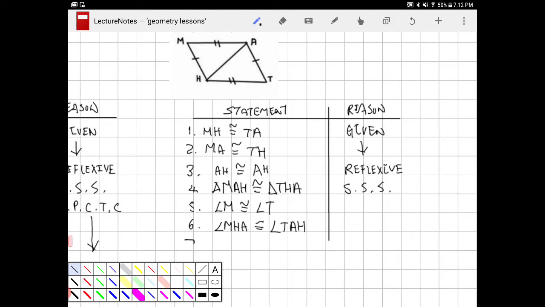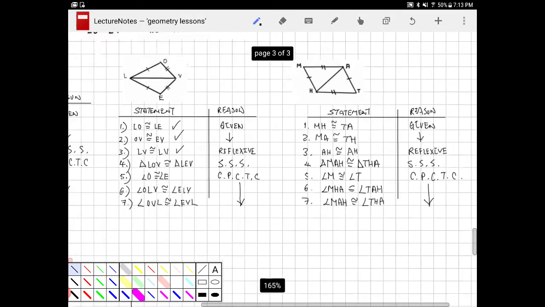I also know that angle MAH is congruent to angle THA. And the reason is, again, corresponding parts of congruent triangles are congruent, and all three of these statements have the same reason.